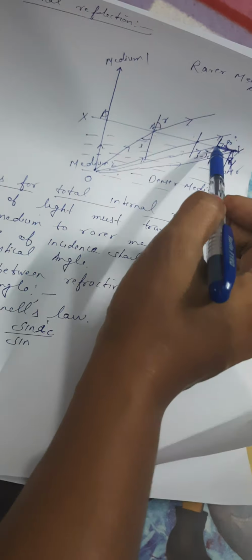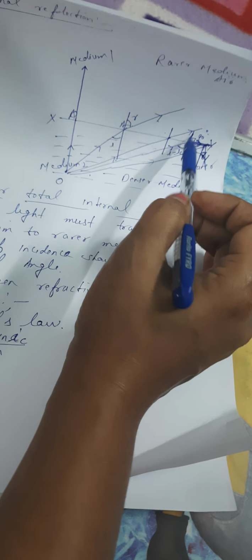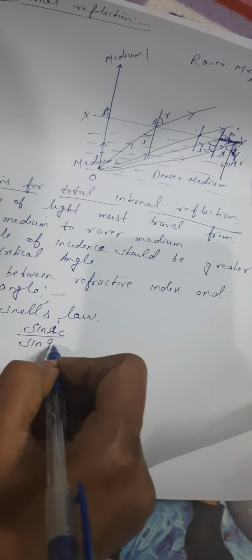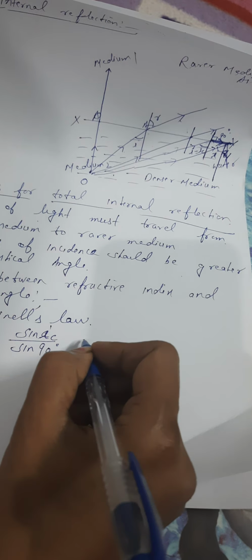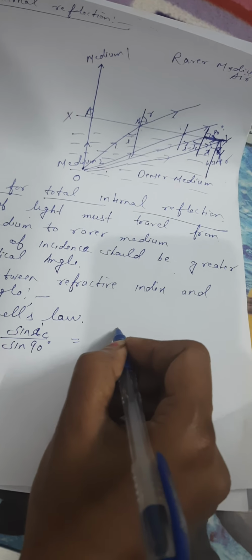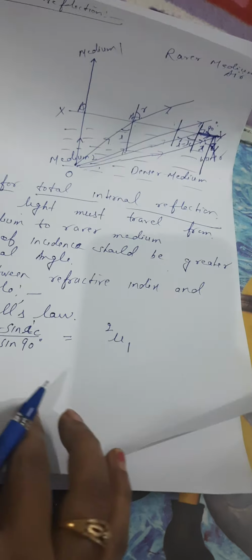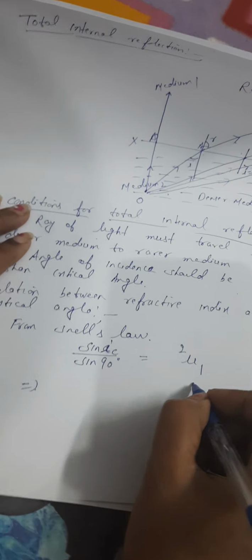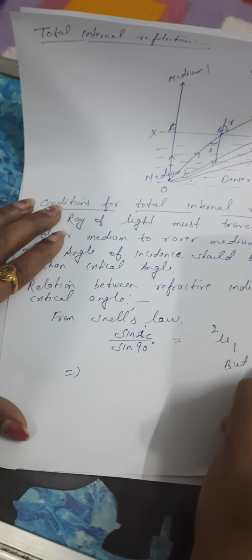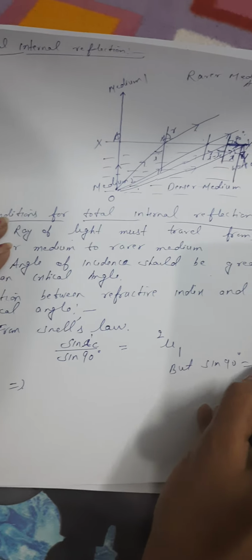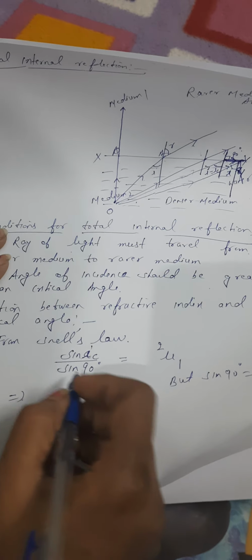What is the angle of refraction in this case? That is 90 degrees, equal to the refractive index of medium 2 with respect to medium 1. What is sin 90 degrees? Sin 90 degrees is 1.